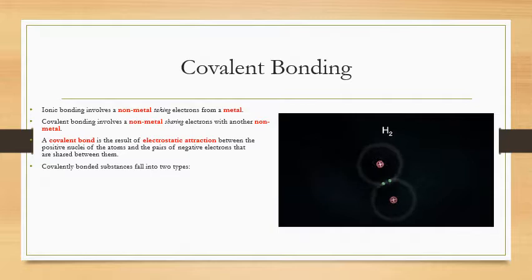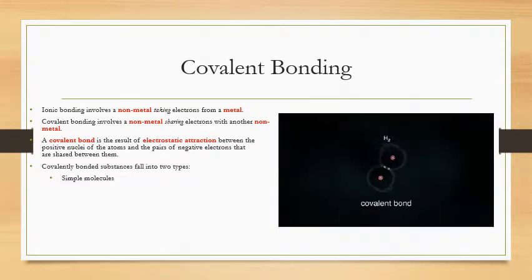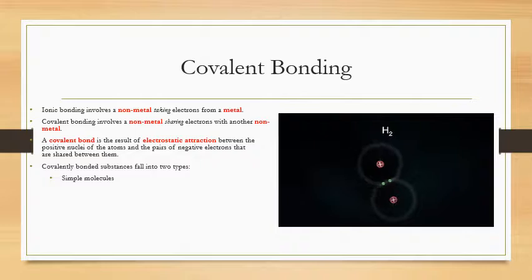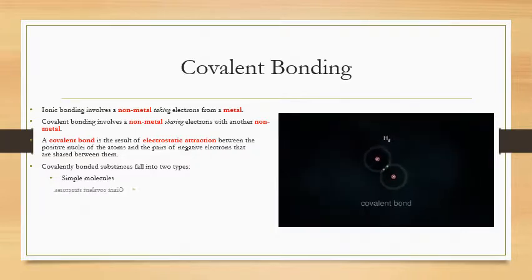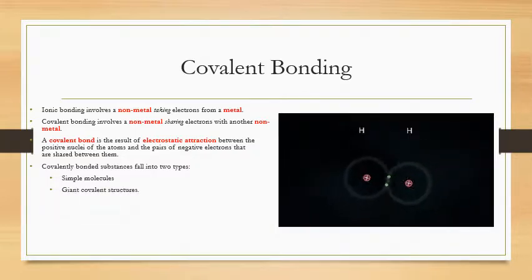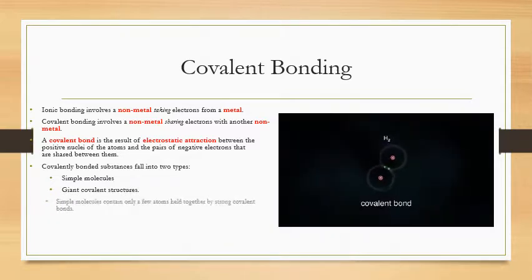So covalently bonded substances actually fall into two distinct types. The first one are the simple molecules, just like the hydrogen molecule here in the animation, and giant covalent structures, which we'll look at in more detail later on in the lesson.